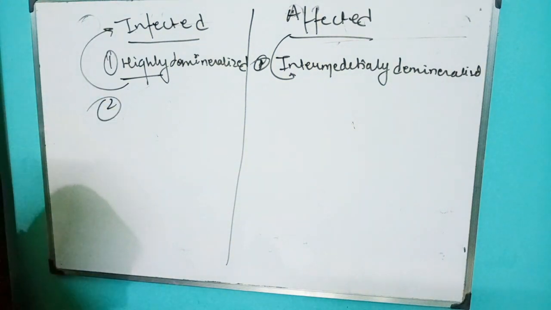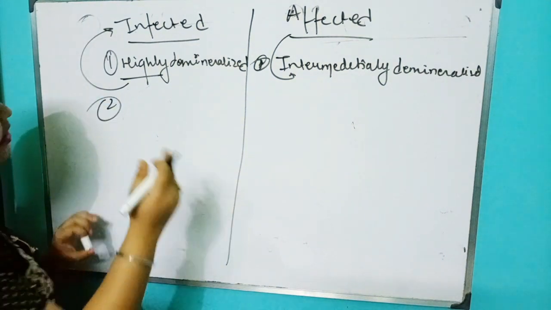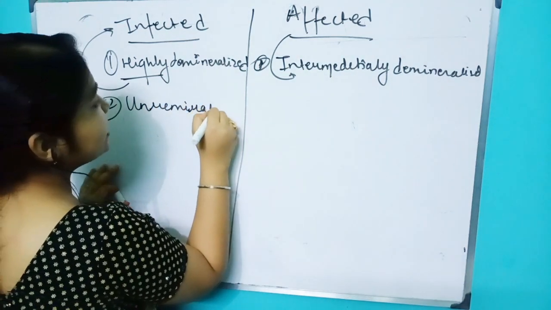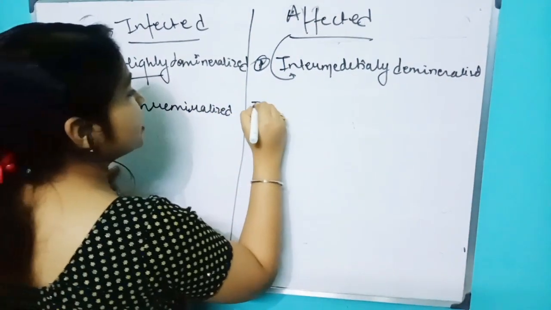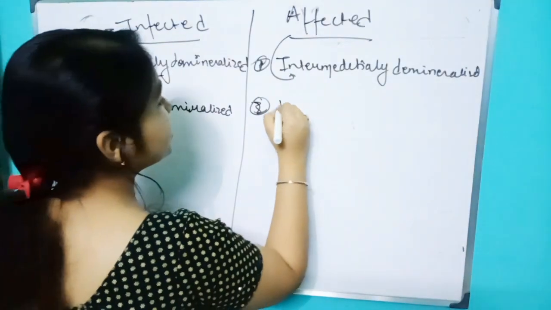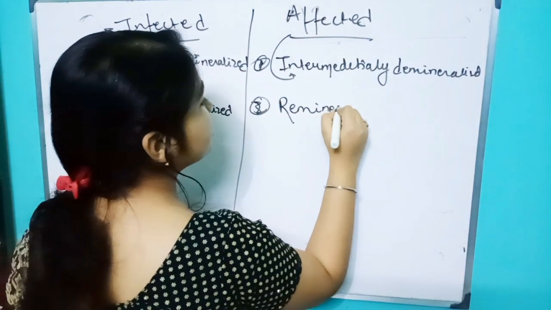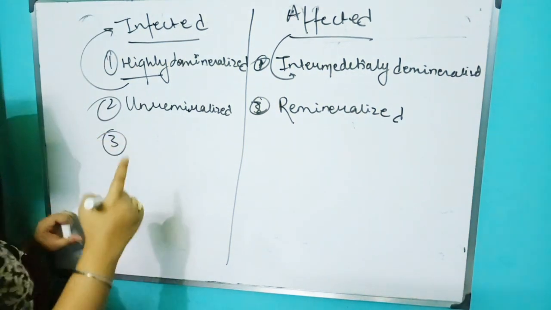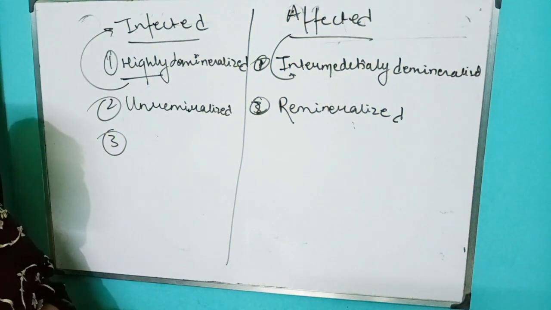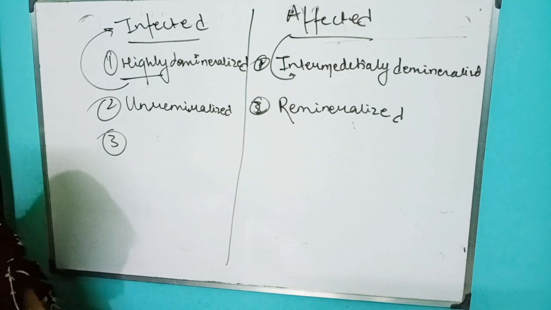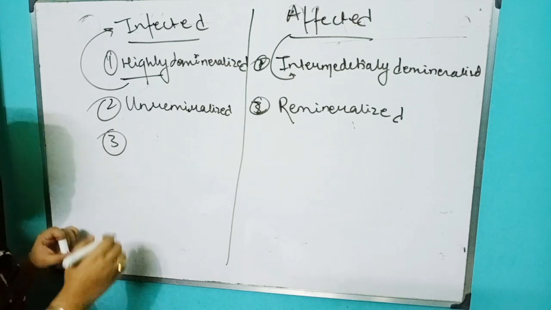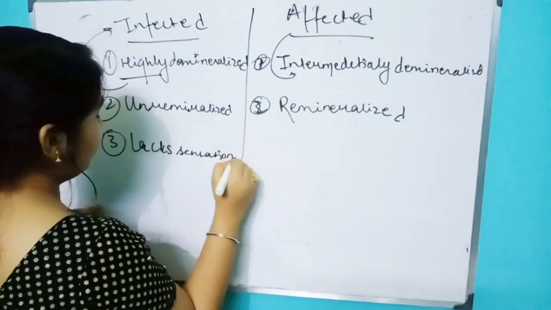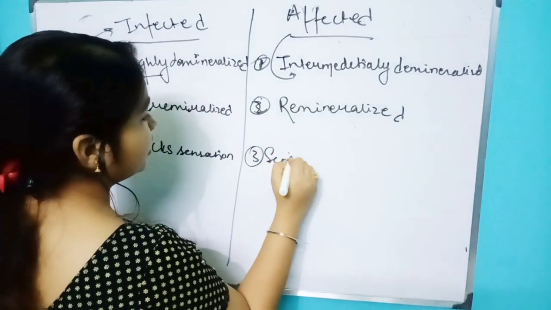Second point, it is unmineralized, it cannot remineralize again. But this is remineralized, as it is an affected dentin. Now come to your third point, that is lack of sensation, but here there is sensitivity.